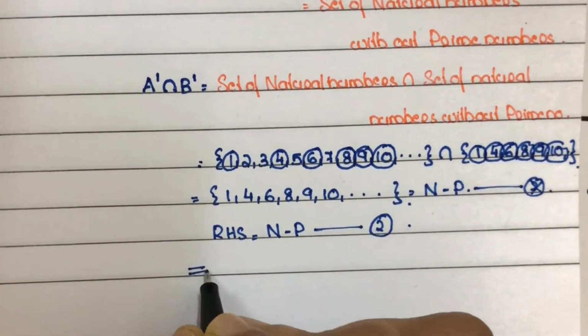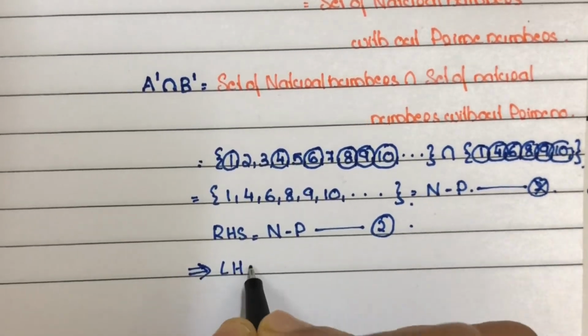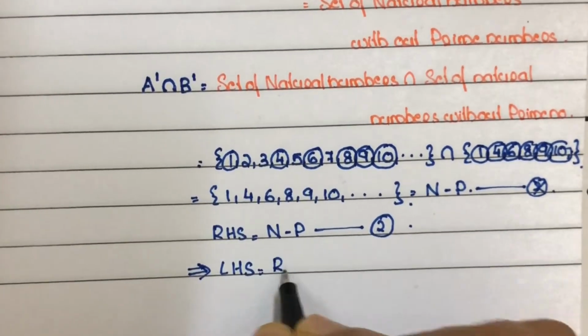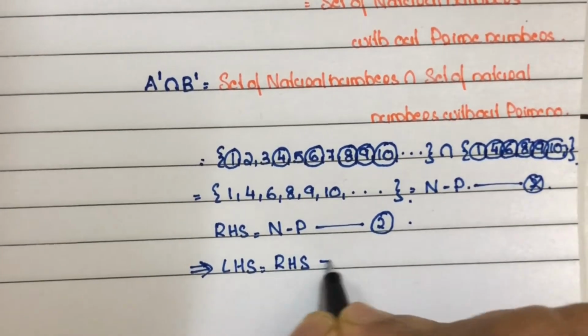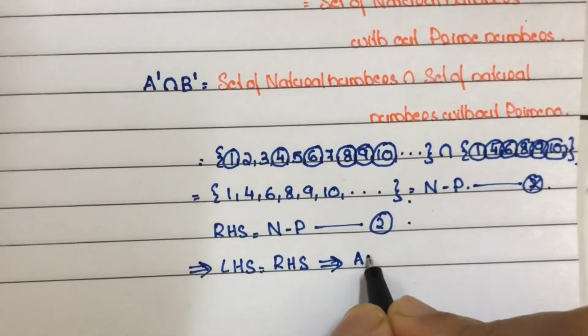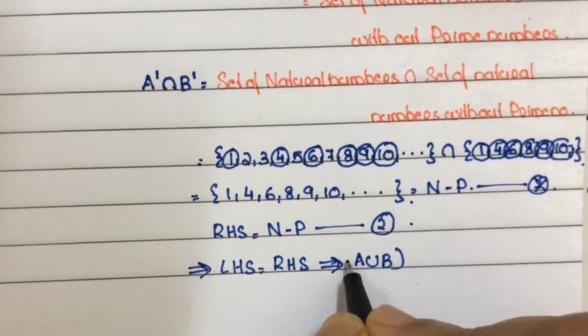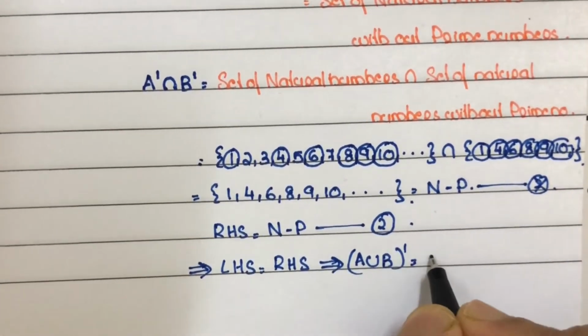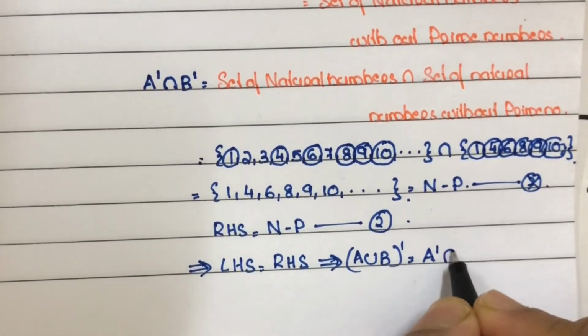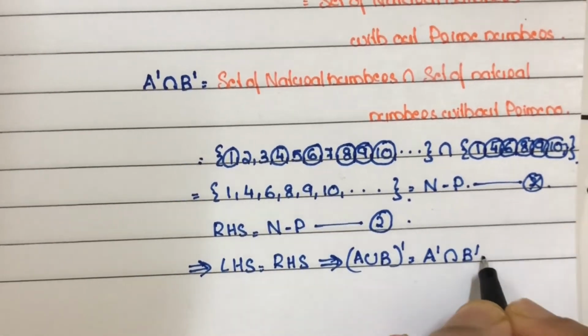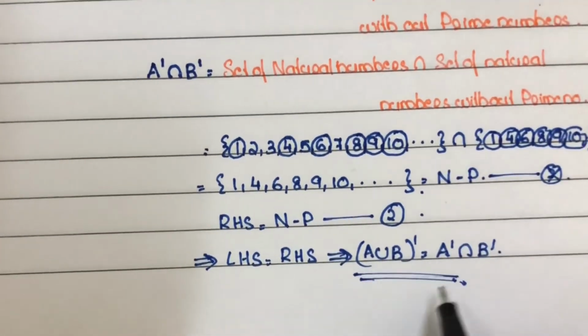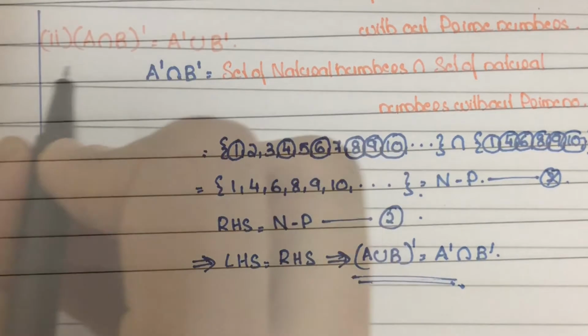So that implies LHS equal to RHS. That is A union B whole complement is equal to A complement intersection B complement. Hence first law is verified.